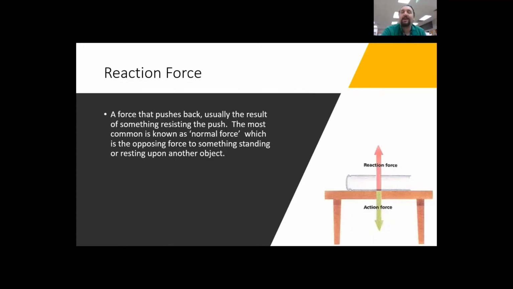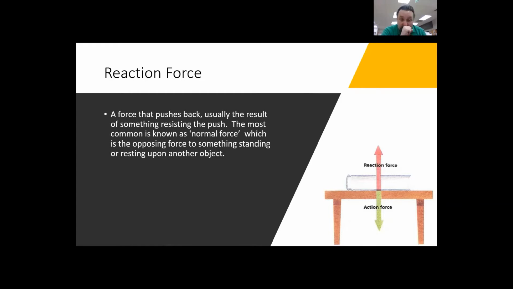Now, you're probably not collapsing upon the chair or floor you're on right now because that is pushing back up on you. We call this a reaction force. A reaction force is an equal and opposite reaction to a force applied to it.